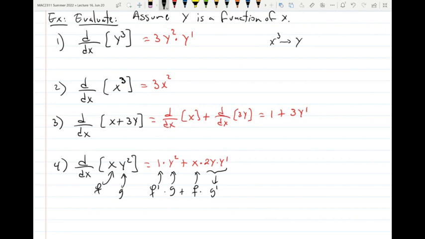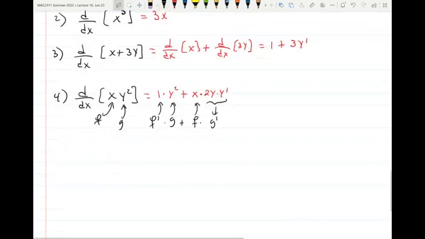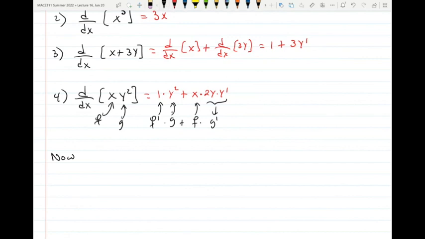Do you understand this? Now we can put this together to do the last example that we had above. Now, solve example number 3 above.